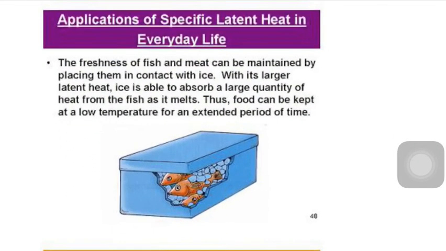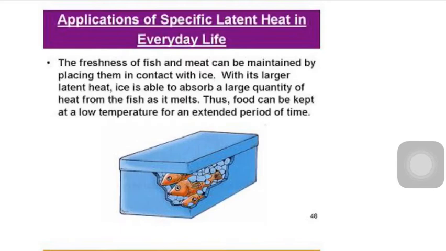The good thing about water, besides it being needed for our survival, is that it has a very large latent heat, both in the case of melting and in the case of vaporization. To melt the ice, it would need a lot of heat, so the fish has to lose a lot of heat before the temperature of the ice can change.